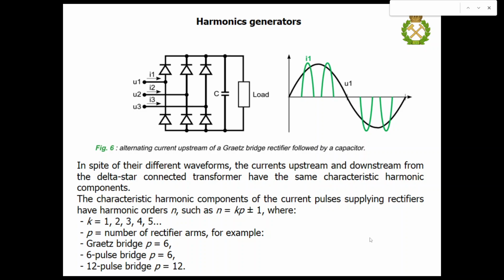For example, for some bridge topologies, P is equal to 6, or 12 for a 12-pulse bridge, and K is some number 1, 2, 3, 4, 5, and so on. And now you may see that the main harmonics produced by such load are the 5th harmonic, 7th harmonic, 11th harmonic, 13th harmonic, and so on.